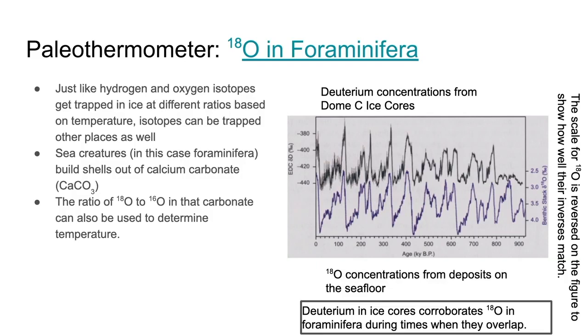If we look at the concentration of oxygen 18 in deposits on the seafloor, and we compare that to the deuterium concentrations in our ice cores, in this case looking at Dome C, we can see that they line up with each other. When we have high levels of deuterium in the ice, we have low levels of oxygen 18 in the sediment. And here it looks like it's high, but we've just inverted the axes so that way it lines up.